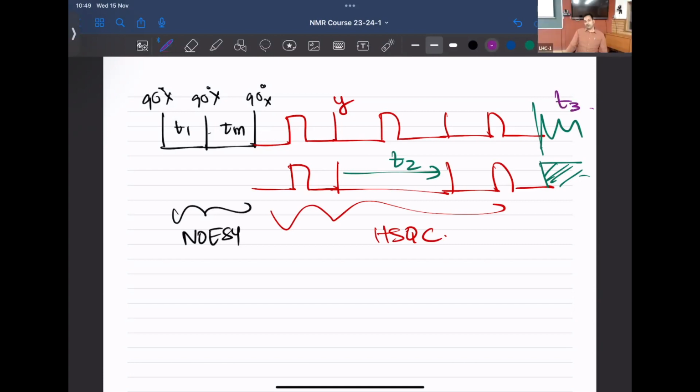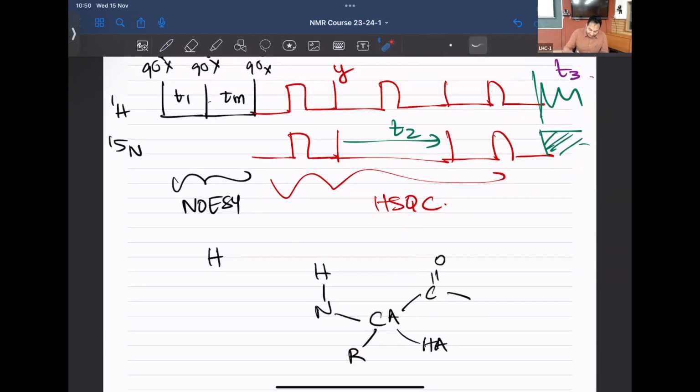Yeah. So this way, what you end up getting is that, for instance, there's a remote proton somewhere, and then you end up jumping. Let's say this is 1H and this is 15N. So let's say that this is somewhere in a tertiary space. Let's not worry about whether it's through bond or not. Let's say these two are within 5 angstroms.